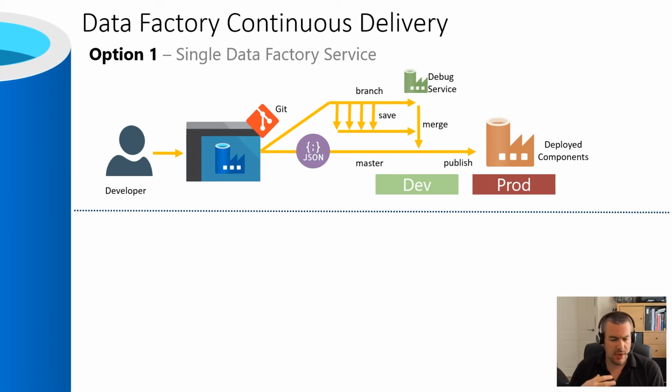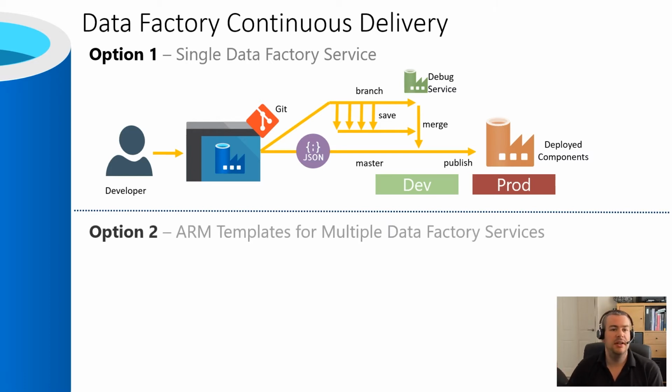So option one, probably not the most common scenario. Hopefully we are good developers and we have multiple environments here. So if we want to think about deploying our Data Factory where we have a dev environment, maybe test, maybe prod, whatever you want to call these things, we need to consider option two.